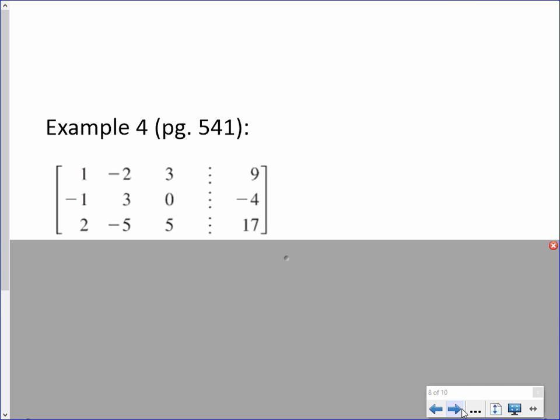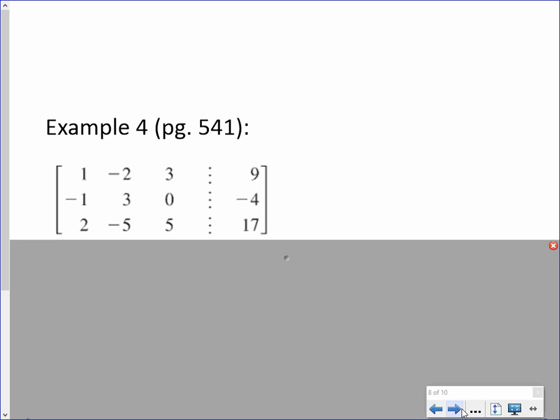So let's look at an example. This is example 4 from page 541. You're going to have some problems like this on your homework tonight where they're going to give you a matrix.